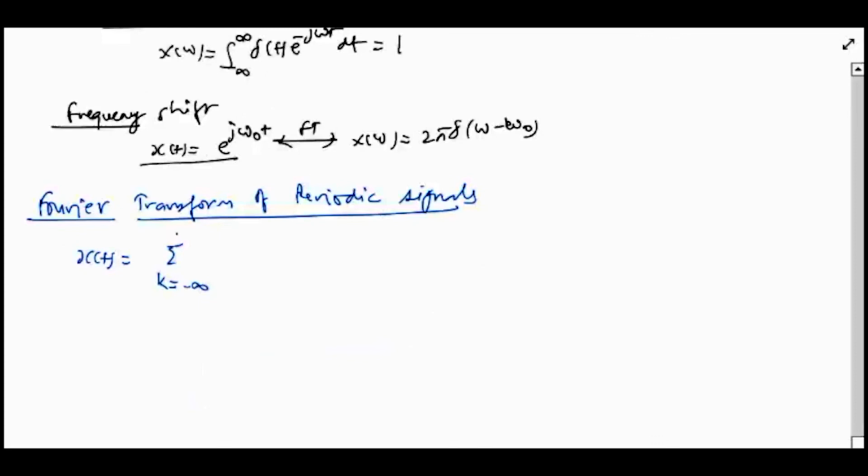So x(t) is the sum over k from minus infinity to infinity of a_k e^(jk omega naught t). We can then use linearity along with the above property to write the Fourier transform of x(t) as the sum over k from minus infinity to infinity of 2 pi a_k delta(omega minus k omega naught).